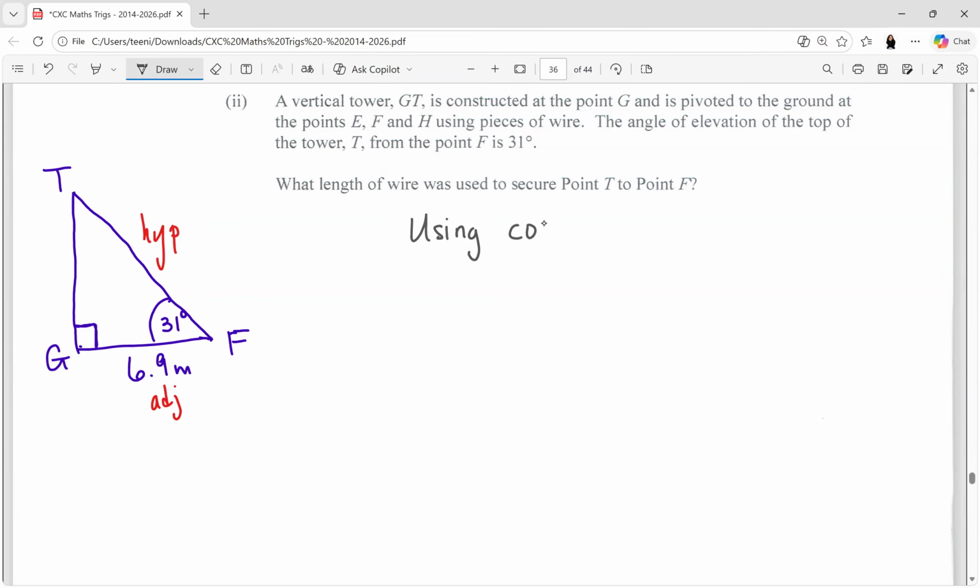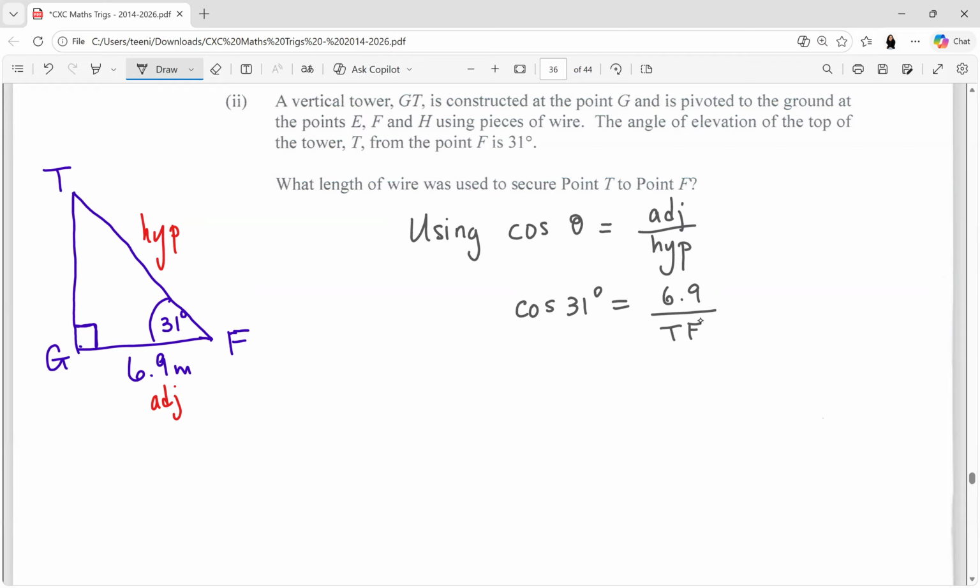Well, that's cosine. So cos of theta is adjacent over hypotenuse. Theta, in this case, is 31 degrees. The adjacent is 6.9, and the hypotenuse is what we're trying to find, TF.